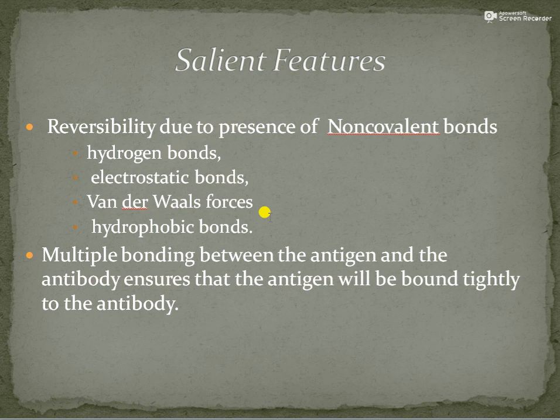This reversibility of the antigen antibody reactions is mainly due to the presence of non-covalent bonds such as hydrogen bonds, electrostatic bonds, van der Waals forces, and hydrophobic bonds. Multiple bonding between the antigen and the antibody ensures that the antigen will be bound tightly to the antibody. So all these come under the features.